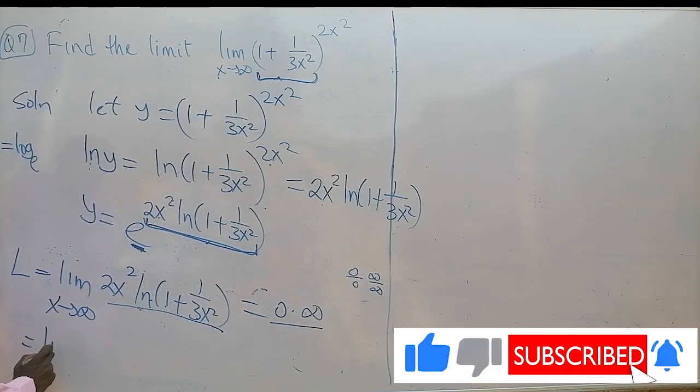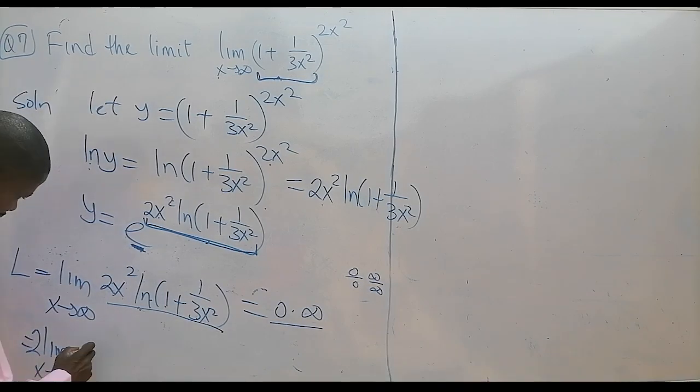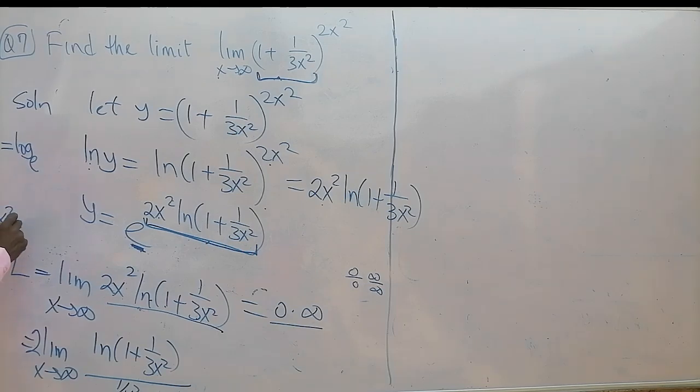So this will be equal to the limit as x tends to infinity, and the 2 can go outside the limit. So we have ln of this function all over 1 over x squared. Don't forget that x squared is the same as 1 over x squared in the denominator.